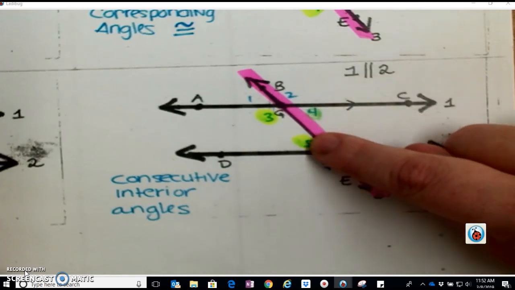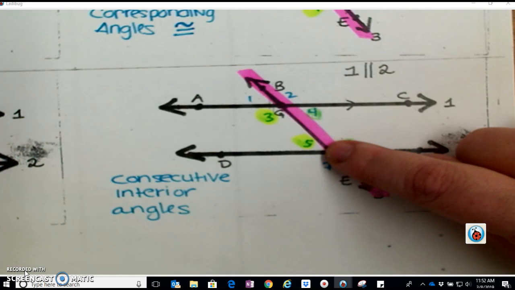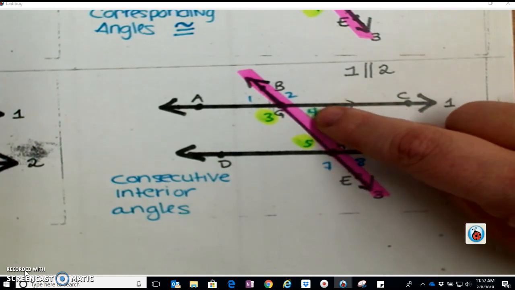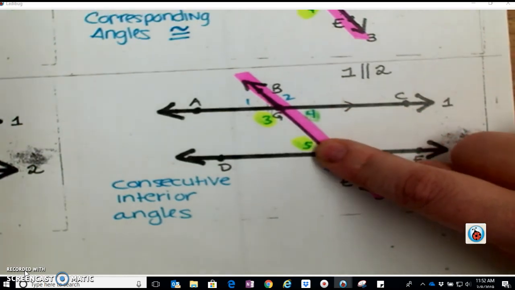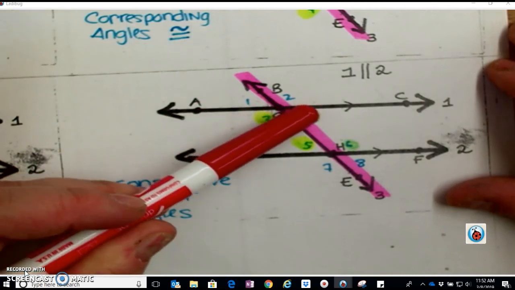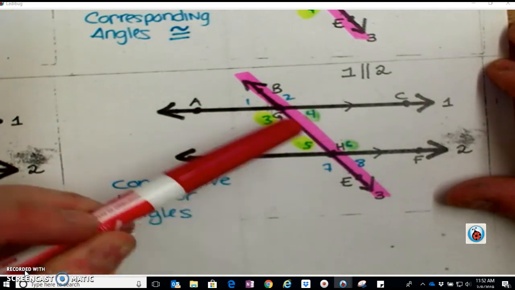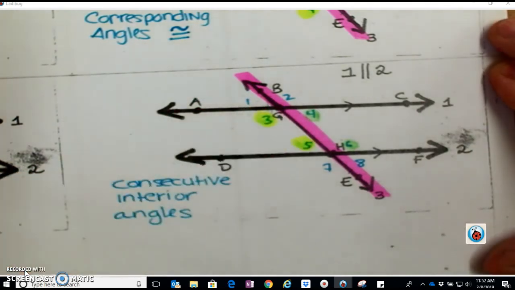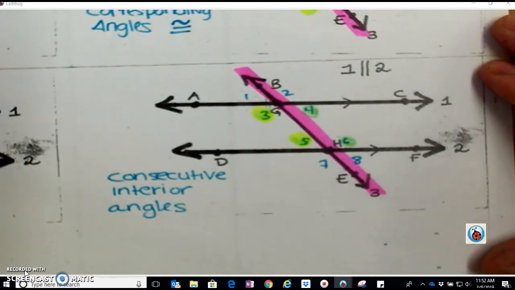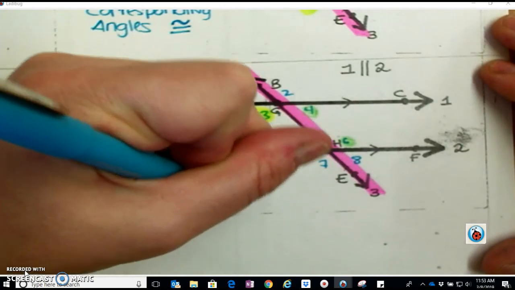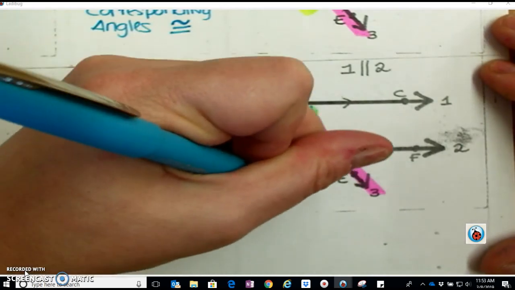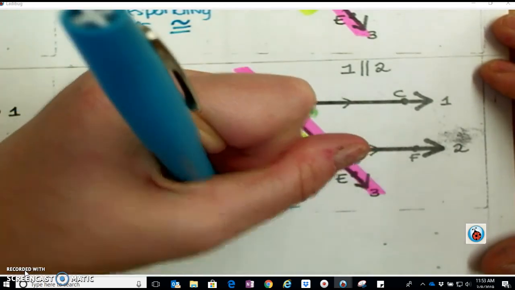They're alternate interior angles, and alternate interior angles, we found out, were congruent. So angle 4 is the same as angle 5. Well, if 3 plus 4 equals 180 and 4 equals 5, that must mean that 3 plus 5 will also equal 180. So consecutive interior angles have a sum of 180 degrees.